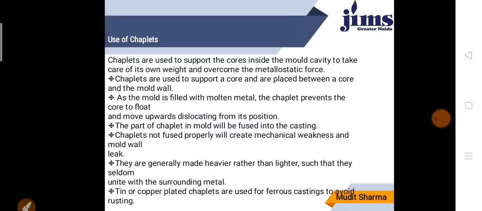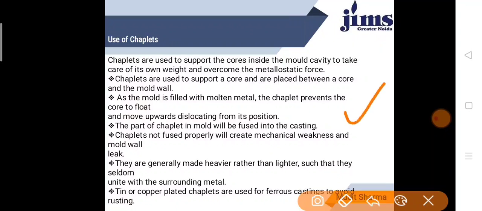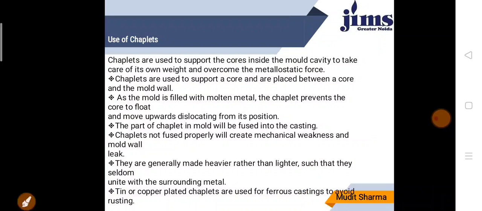So chaplets are used to support the core and are placed between the core and mold wall, and the part of the chaplet in the mold is fused in the casting. If chaplets are not fused properly, they will create mechanical weakness. We know that they are generally made heavier rather than lighter, so that they readily unite with the surrounding metal.